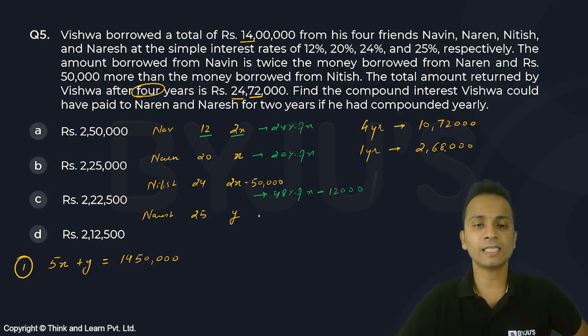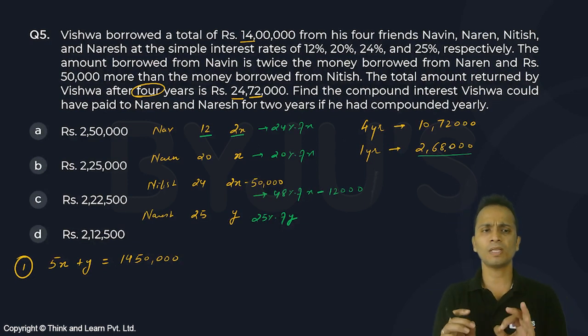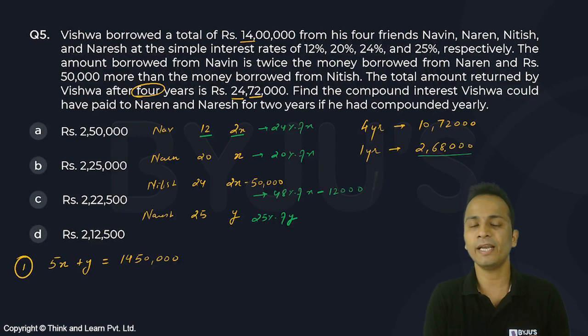And in the last case, it is 25% of Y. Now the sum of these four values should be 2,68,000, and that will give you your second equation.